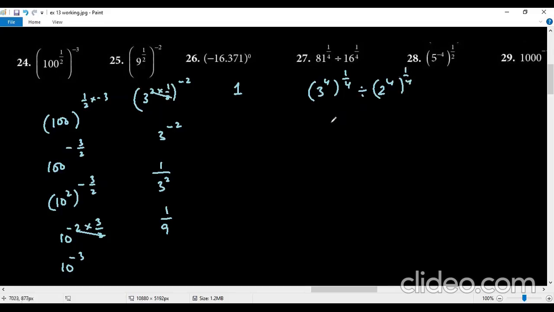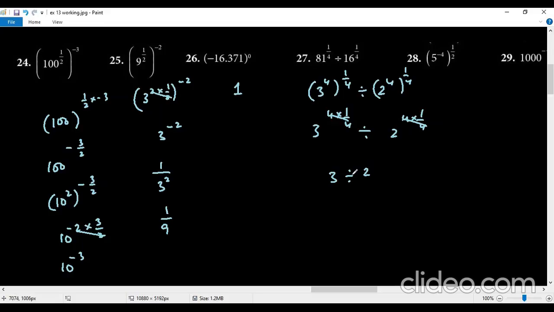So now power times power is multiplied: 2 to the power 4 times 1 over 4, and this is going to be 3 divided by 2. That means 1.5 is going to be your answer.